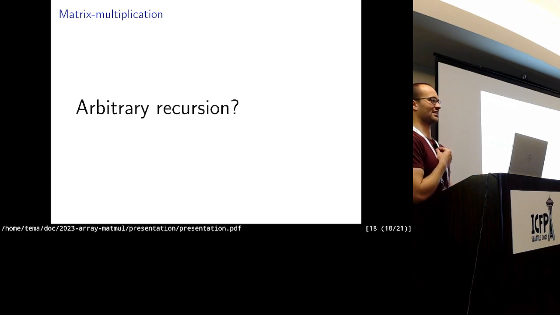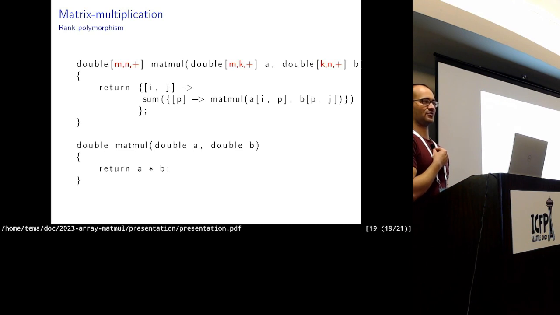So that is where the title of this talk and paper comes in, the rank-polymorphism. To specify this elegantly, we need to have a notion of arrays of general dimension, so rank-polymorphism. So that's what you see here.